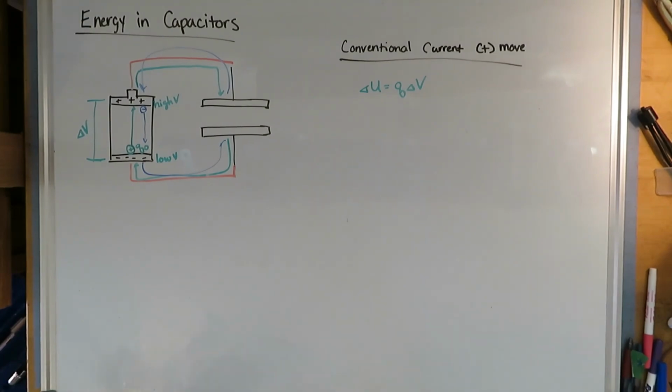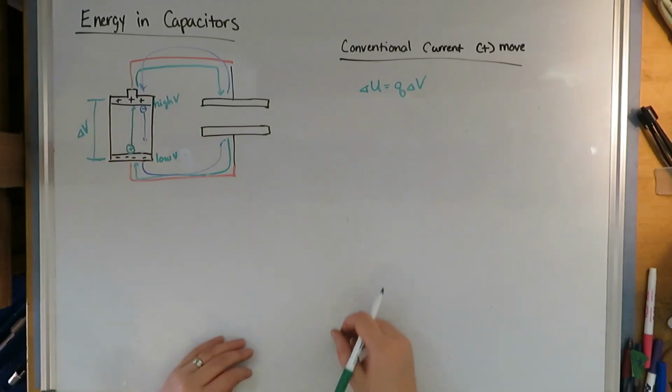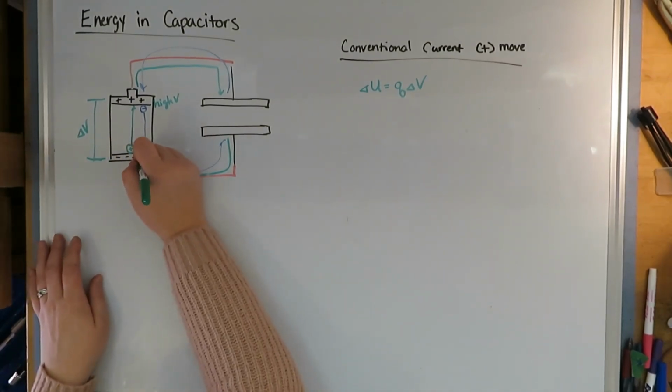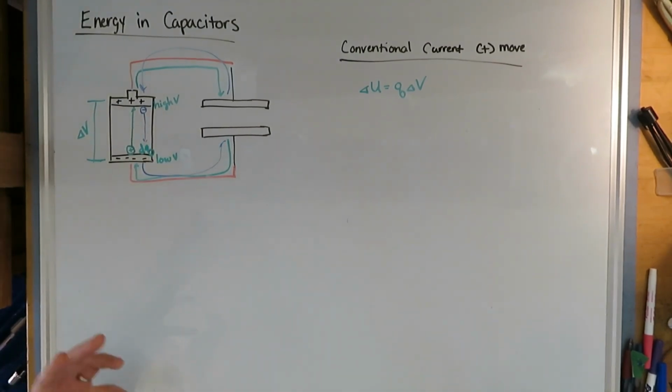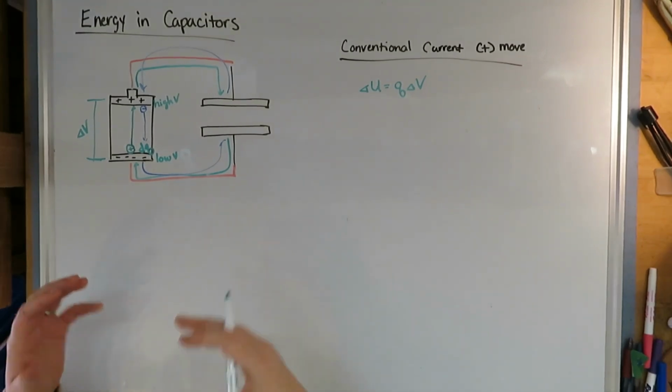So if we assume that this is not a finite charge and that it is an infinitesimally small element of charge, and I think of it as more of a dq, then I'm only going to get a small amount of work.